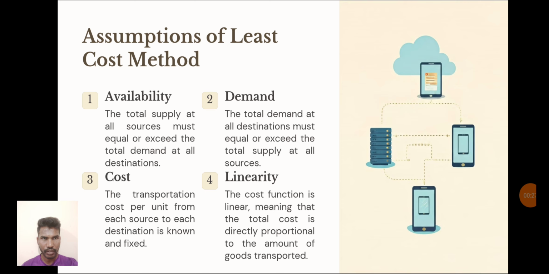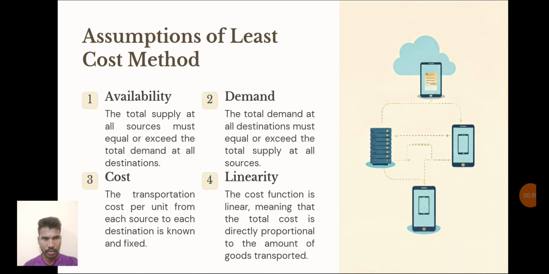Assumptions of the least cost method. Availability: the total supply at all sources must equal or exceed the total demand at all destinations. Demand: the total demand at all destinations must equal or exceed the total supply at all sources.